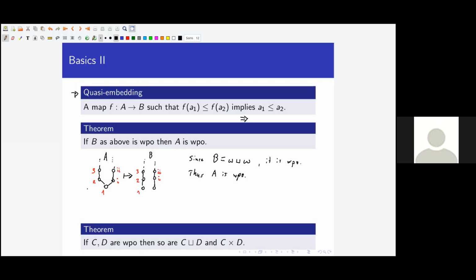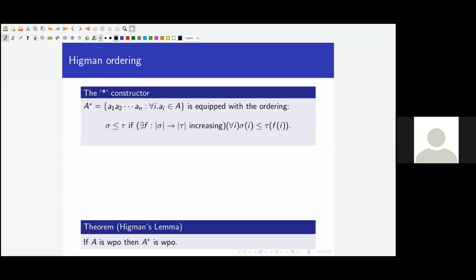Now, in the literature, you'll see people calling these two things constructors sometimes, constructors for well partial orders, because oftentimes when you want to build one, you build it this way, just like we build B. Here's a third constructor called the Higman ordering.